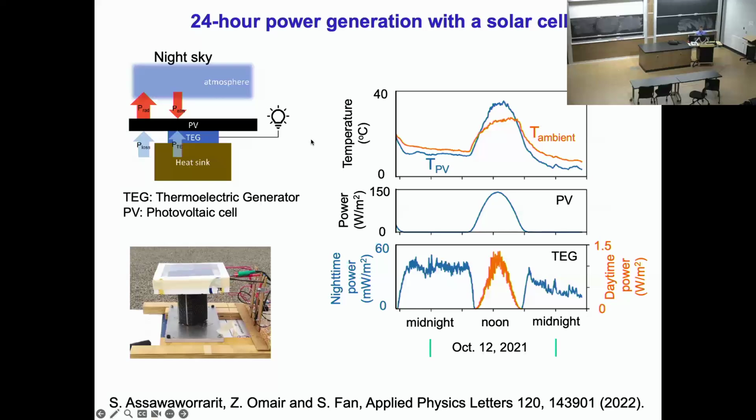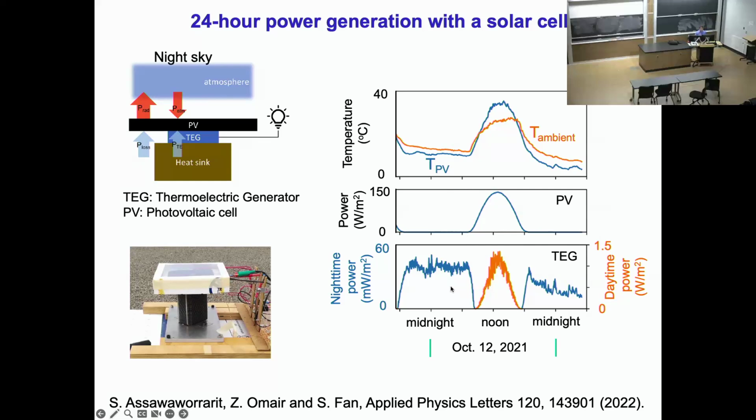Here are some of the experimental results where you can see that during the daytime, you have power coming from the photovoltaic, and also some power from the thermoelectric generator because it's hotter under the sun.